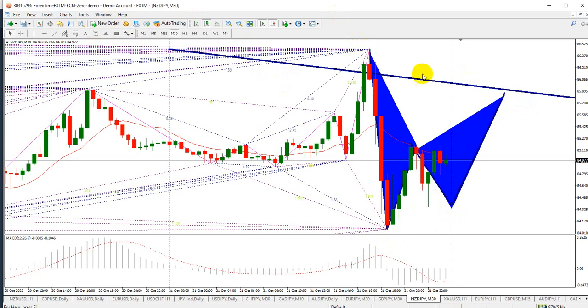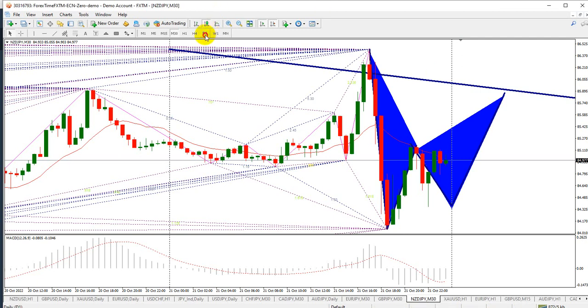So most likely price will try to correct more, to move up more, but the bias should be down because of JPY, this intervention. So this is what I'm looking at for NZD JPY. Price will actually try to go more down for NZD JPY. So this is my analysis for NZD JPY.